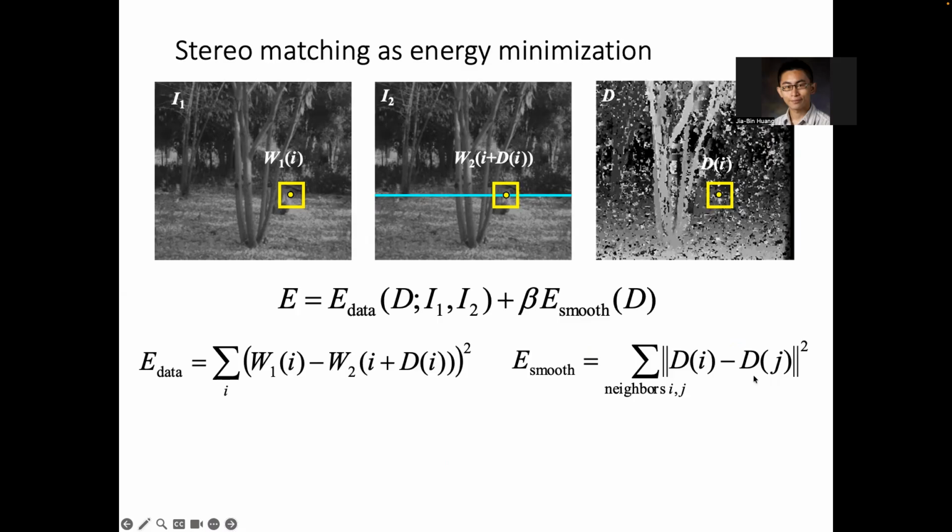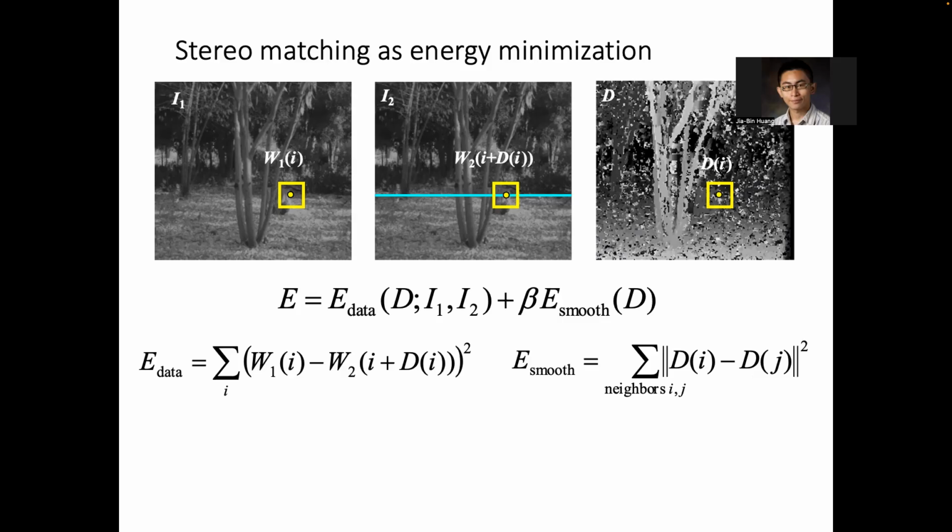I'm moving slowly here because this is so prevalent in computer vision. In many computer vision problems, you want to estimate a grid of solutions, whether it's segmentation, a depth map, or optical flow. You can cast it in a similar way. You have a data term that makes sure things match well, and also a regularization term.